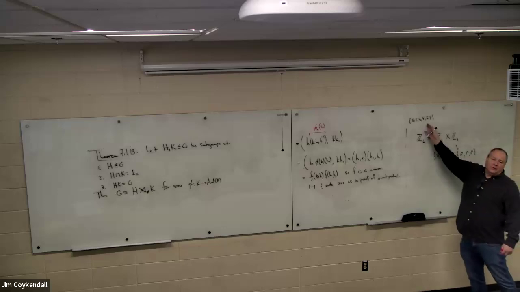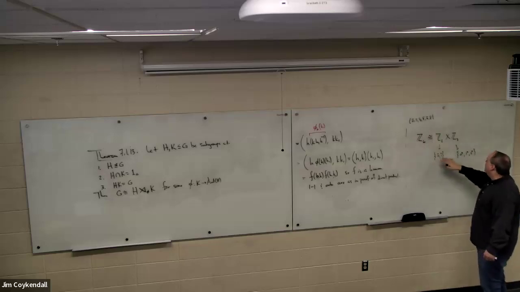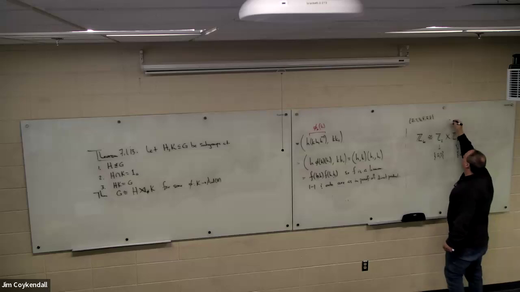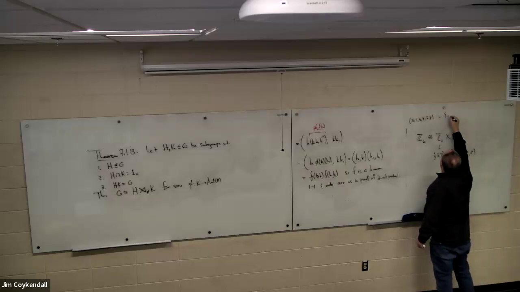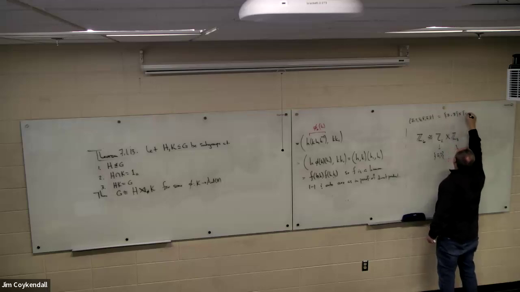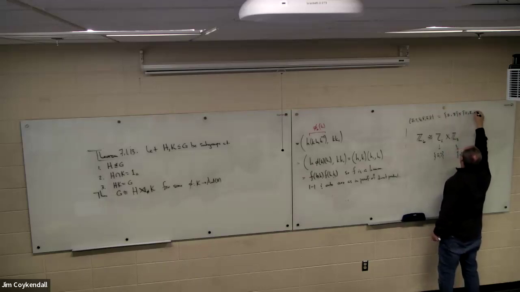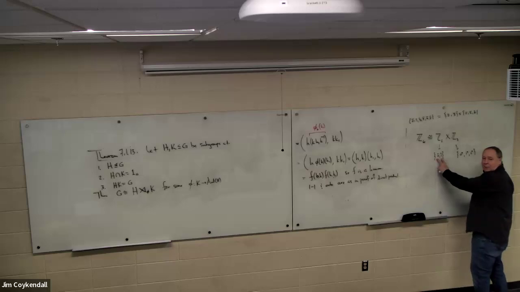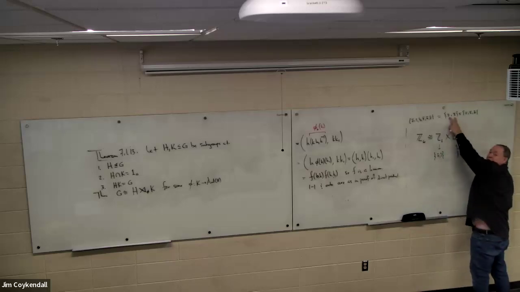I can also consider this to be an equality if I consider an internal direct product. But here's the difference: neither one of these is a subgroup of this. If I wanted to make it an equality with an internal direct product, this is actually 0 bar, 3 bar, direct product, 0 bar, 2 bar, and 4 bar. Now, instead of writing 0 hat, 1 hat, I've got the real 0, 3.